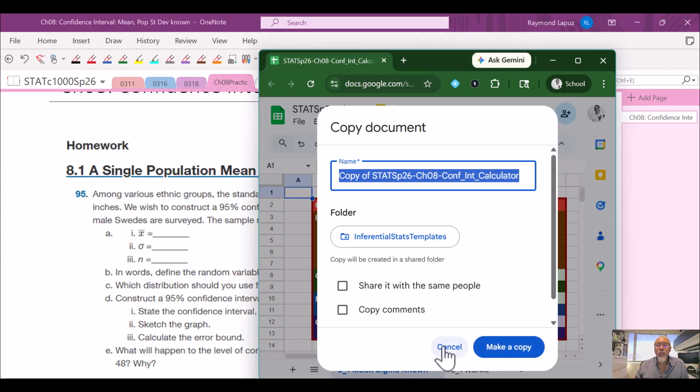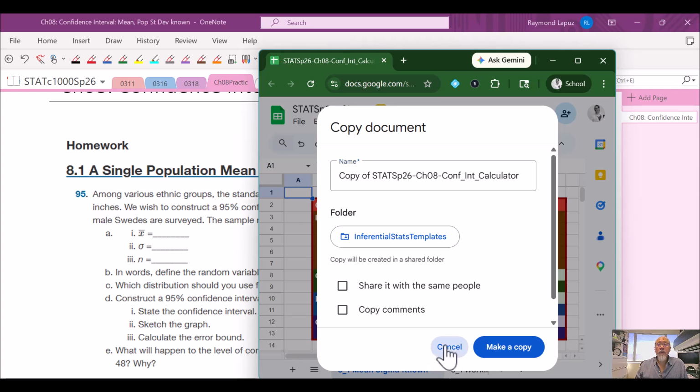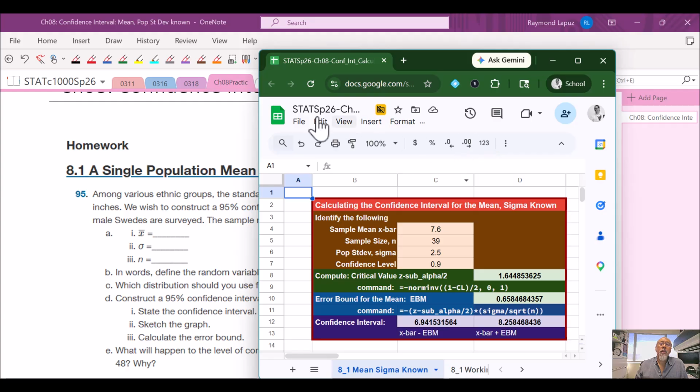Once you have that, then you have access to it. It's yours, and you can use it, change it, or whatever. But you're not going to be able to edit this particular copy of it because this has to be shared with everybody. So we don't want it to be changing too much.